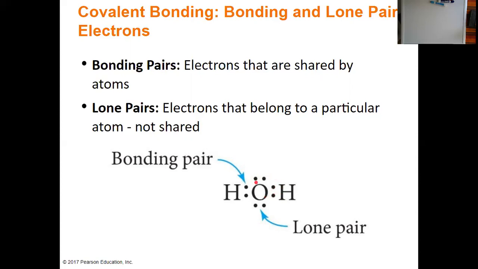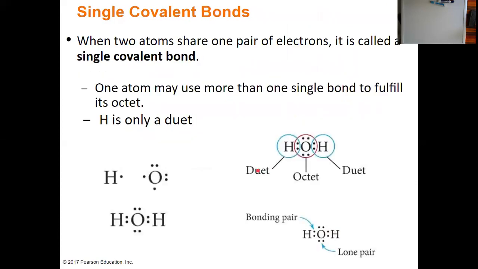The oxygen has, in addition, 2 lone pairs. Those are electrons that only belong to the oxygen. They are not shared electrons, and they're only going to count towards oxygen's octet. When you have a single pair of electrons between 2 atoms, that's called a single covalent bond or a single bond. One atom can use more than one single bond to fill its octet, right?